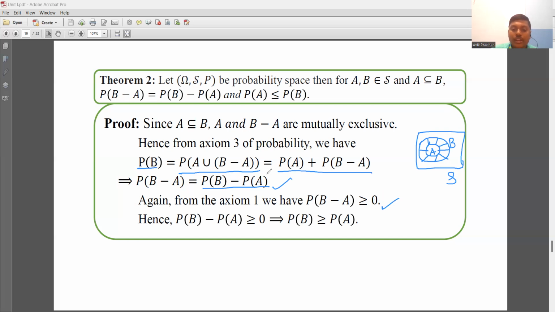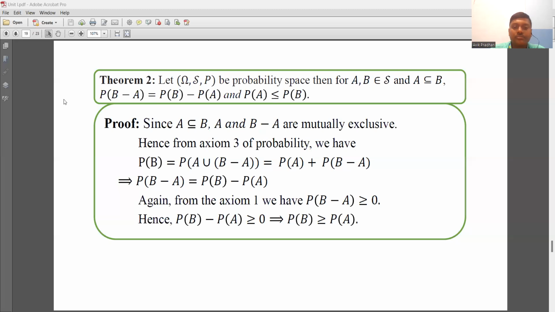So this is greater than or equal to 0, which means probability of B is greater than or equal to probability of A. So this theorem is also very helpful in many places where we need to find the elementary probability of a certain event.